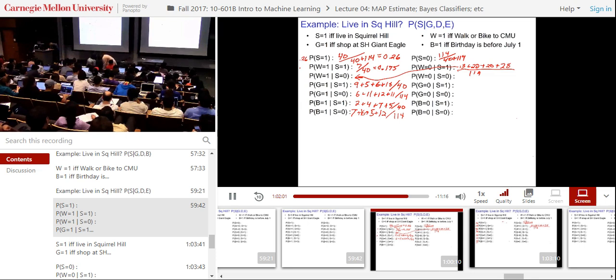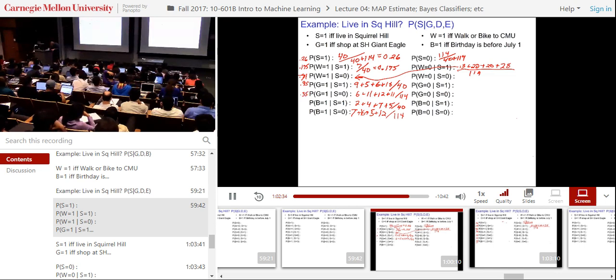So we already have 0.26. 0.175, and what else? 0.71, and sorry, 0.85, 0.95. 0.35.